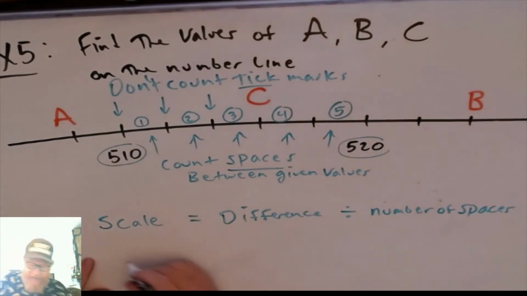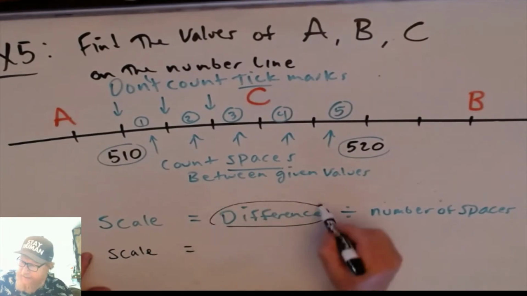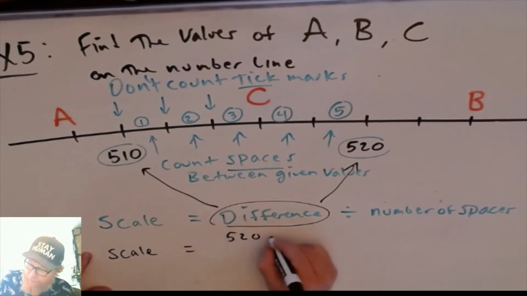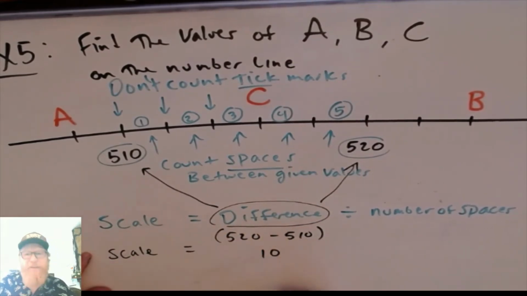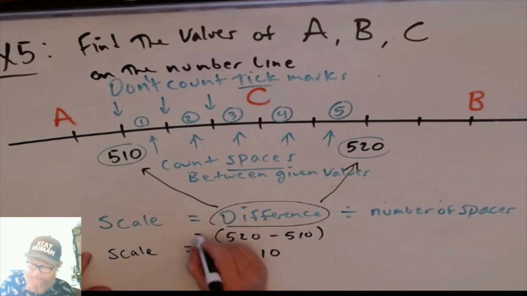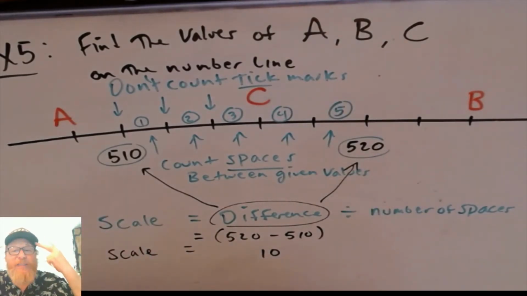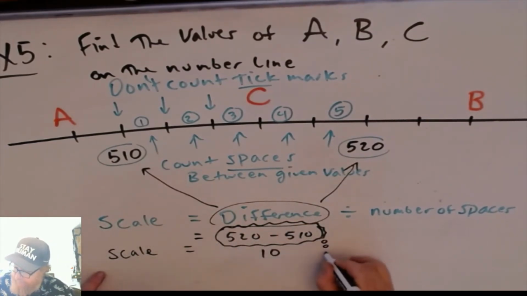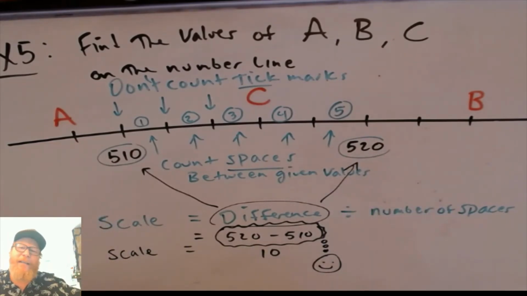So the scale is going to be the difference in these values. 520 minus 510, so the difference is 10. That's the difference between these values. Oftentimes you'll just do that using mental math. You'll look at the two numbers and calculate the difference.